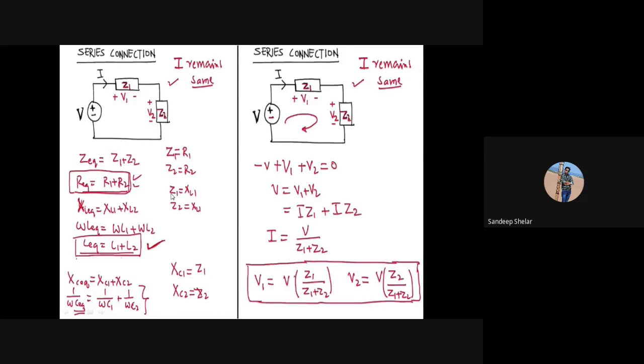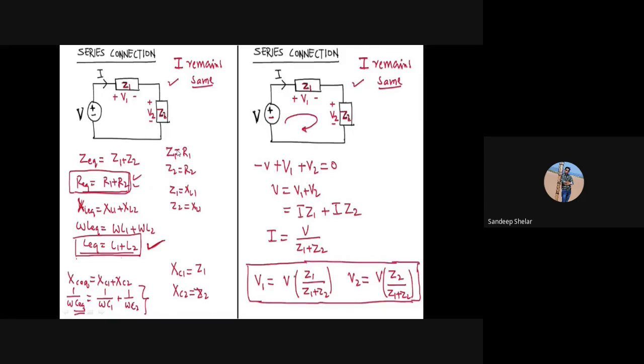Now put Z1 equal to XL1, that is the inductance, and Z2 equal to XL2. Then the equivalent reactance is X equivalent equal to XL1 plus XL2. In the form of energy, W equivalent is equal to WL1 plus WL2. The equivalent inductance is L equivalent equal to L1 plus L2.